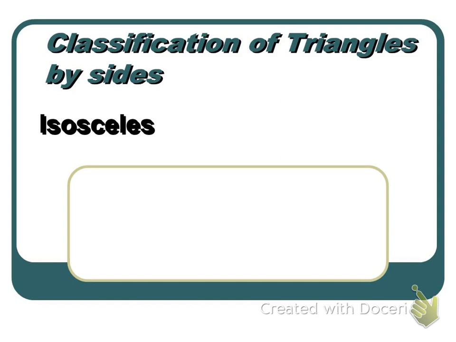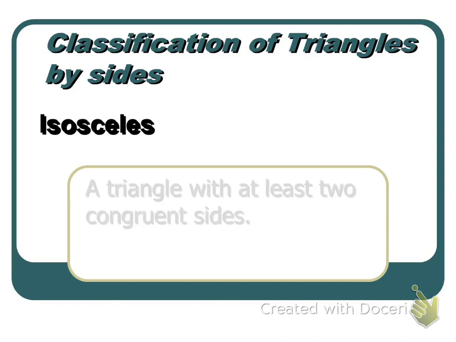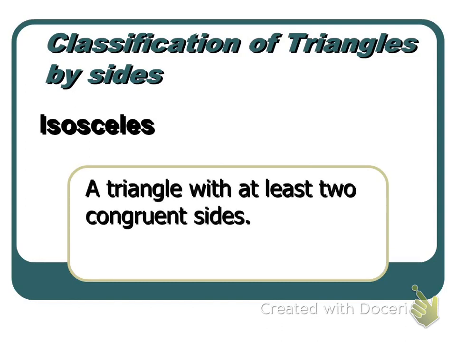I like the old version, which is that a triangle with at least 2 congruent sides. At least 2, which means it could also have 3 congruent sides. So a triangle with 2 sides congruent and a triangle with 3 sides congruent could both be classified as isosceles, but we're not going to classify the one with 3 sides.